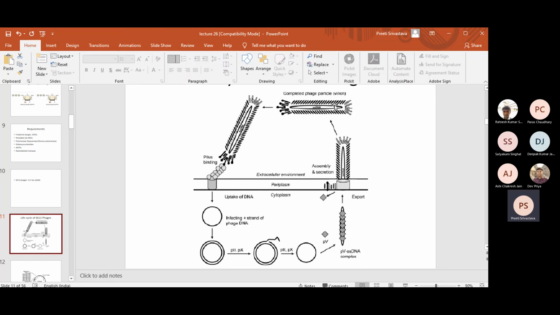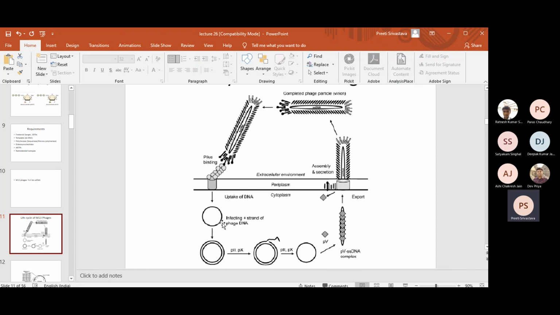What you see at the top and the bottom, the fish scales, is protein 8, and what you see at the edges, which are like pinheads, are proteins 3 and 6, and here they are 7 and 9. It is protein 3 which is required for infection. So the DNA of the phage is single stranded DNA, right?